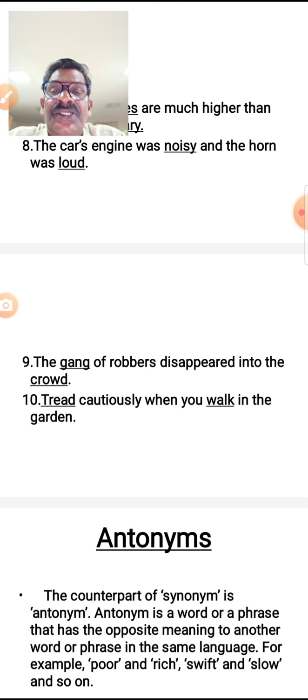Ninth sentence. The gang of robbers disappeared into the crowd. The similar word or synonym for gang is crowd. And the last one, 10th. Tread cautiously when you walk in the garden.